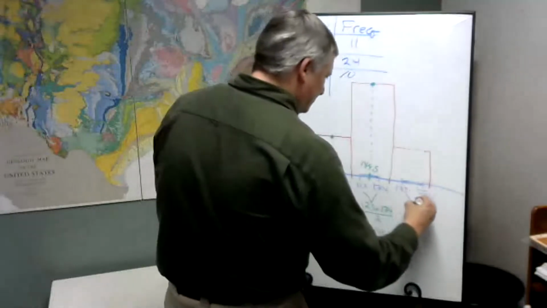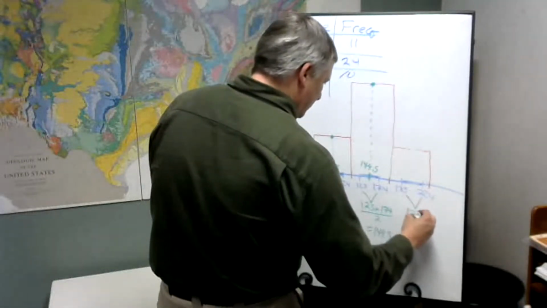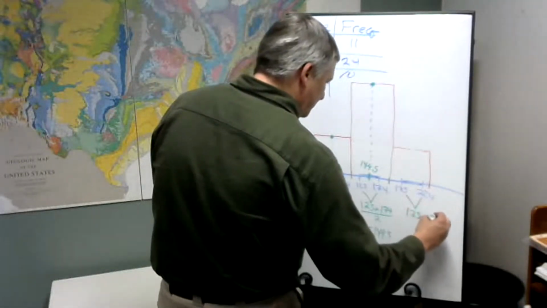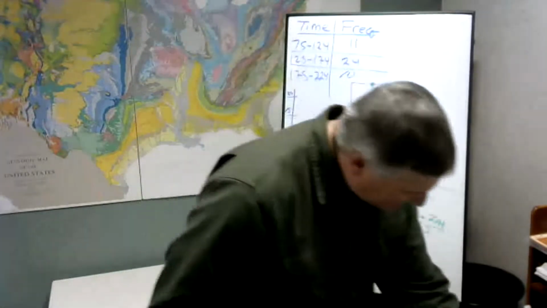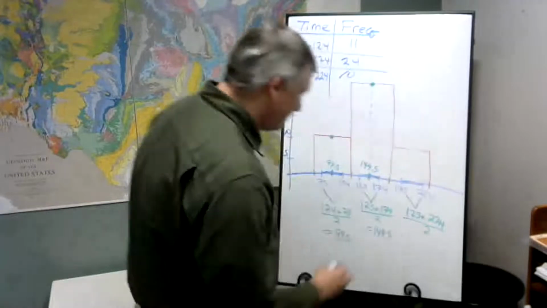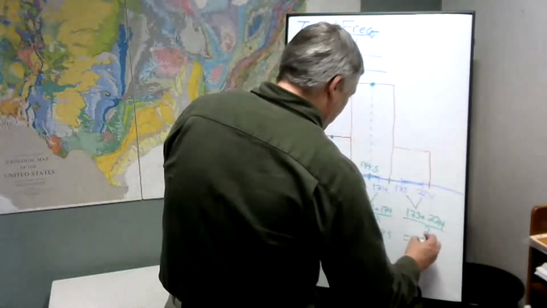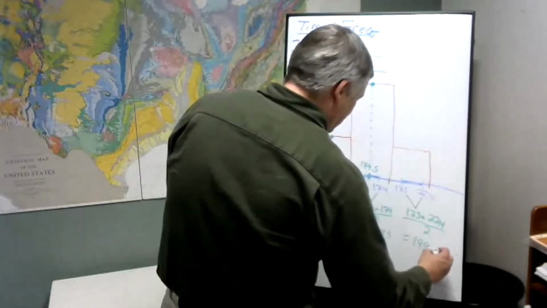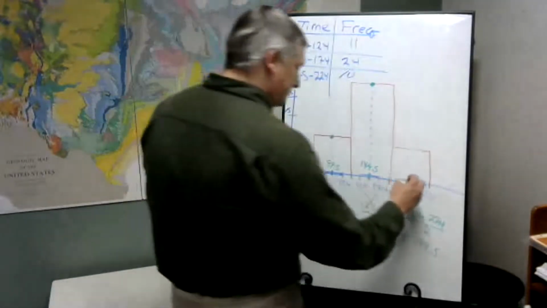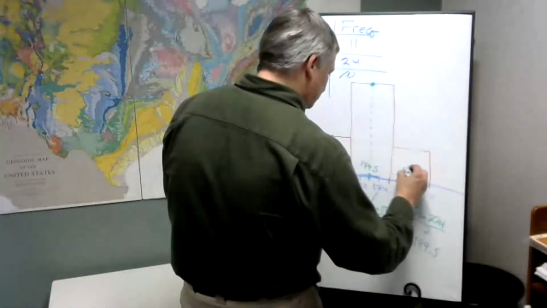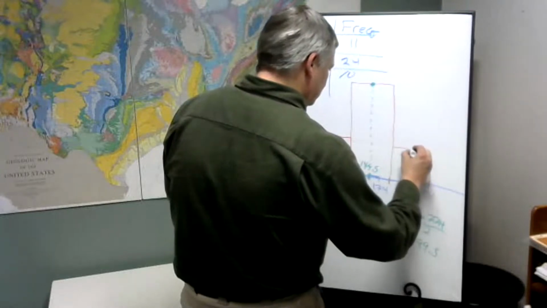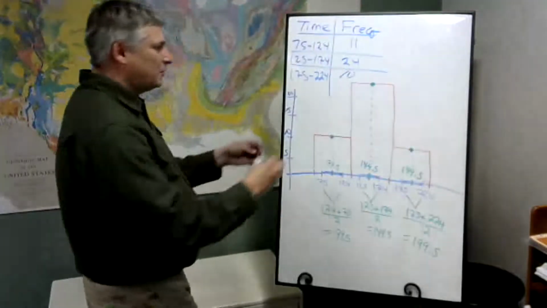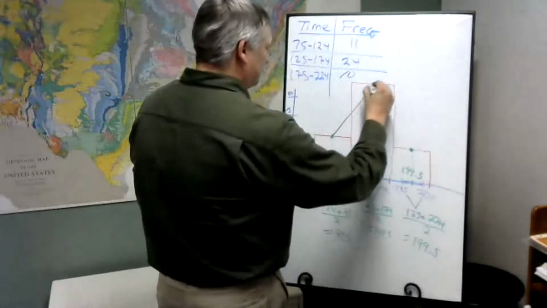Finally, 175 plus 224 divided by 2, and let's see, that's going to be 199.5. And so we can connect our dots.